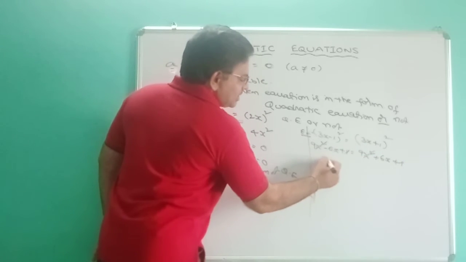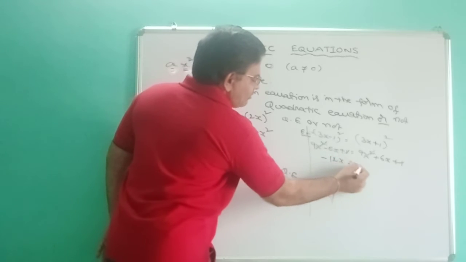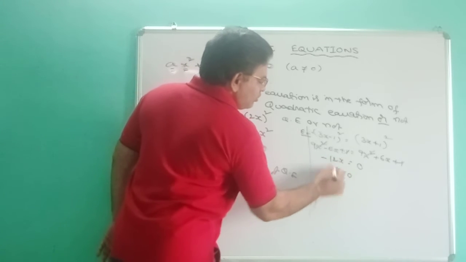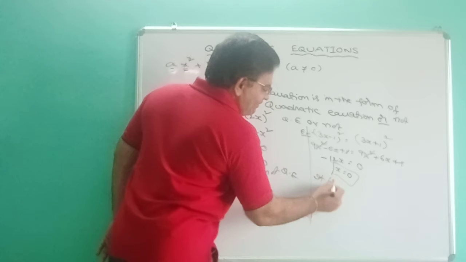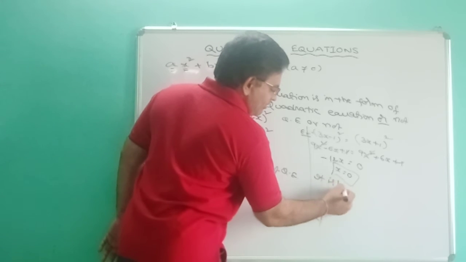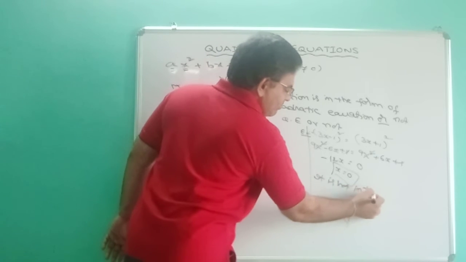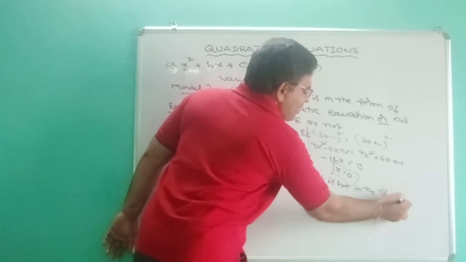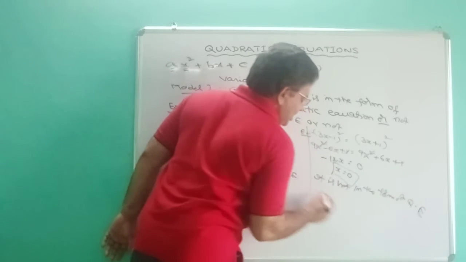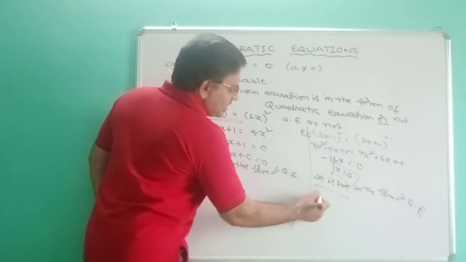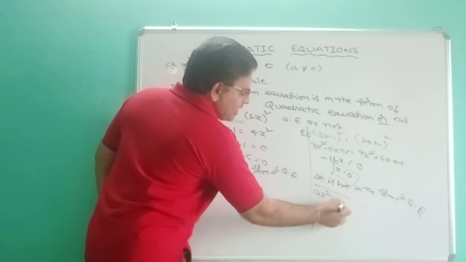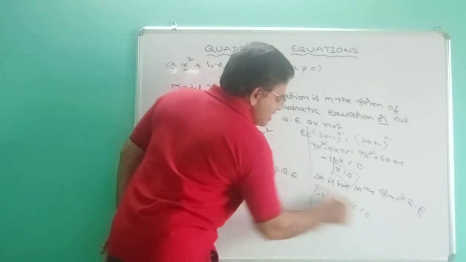That 6x also comes this side: minus 12x equal to 0. So x equal to 0. It is not in the form of a quadratic equation because it is not in the form of ax square plus bx plus c equal to 0.